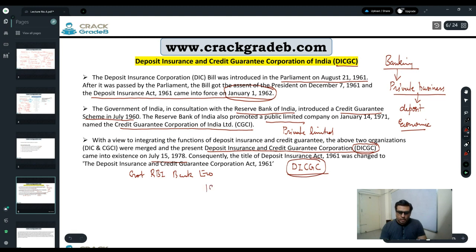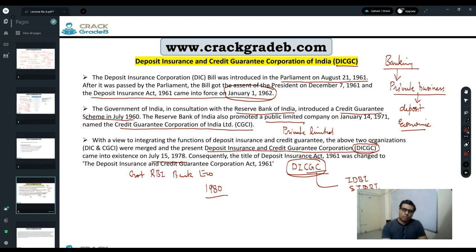But when you enter the 1980s, the credit guarantee part was taken by different banks, that is IDBI, the Industrial Development Bank of India, SIDBI, the Small Industrial Development Bank of India, then later on Mudra Bank.